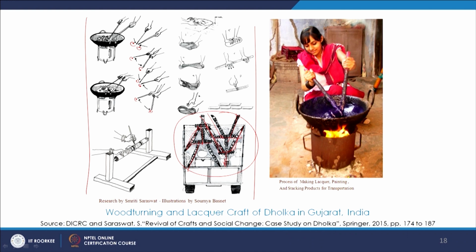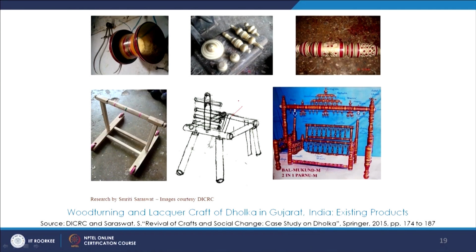So what this paper tried to understand, and what this attempt was, first of all, to understand what their existing product ranges were, and how during the course of this workshop with CEPT University, a new product range could be suggested, along with explorations in alternative materials and not just the timber that is already being used there.